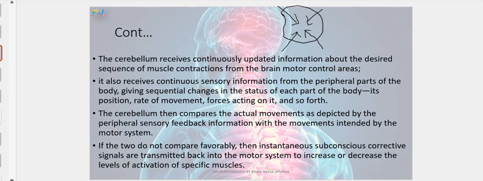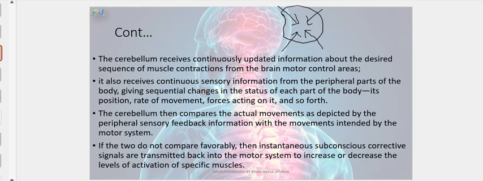if the two do not compare favorably, so the information from the motor part and from these other areas, if they do not compare favorably, then instantaneously, subconscious corrective signals are transmitted back to the motor system, as we've been able to demonstrate.